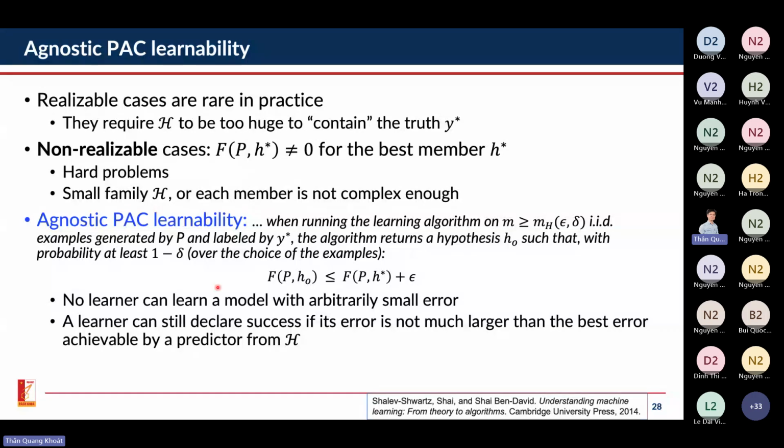For example, like this: if we are sure that the test error is not very far from the best model in the model family, then we can say that this family is PAC learnable. That's all.